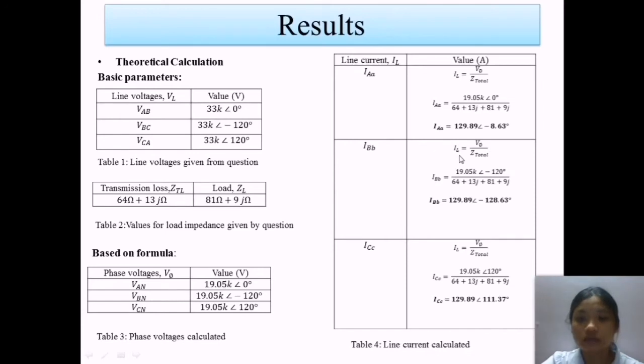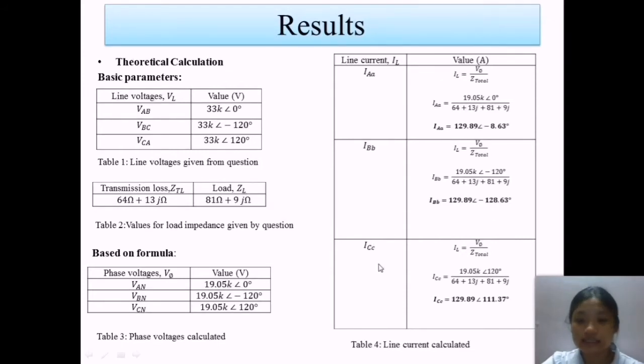And IBB also uses this formula: 19.05k with angle negative 120 divided by 64 plus 30j plus 81 plus 9j. The answer is 129.89 with angle of negative 128.63.